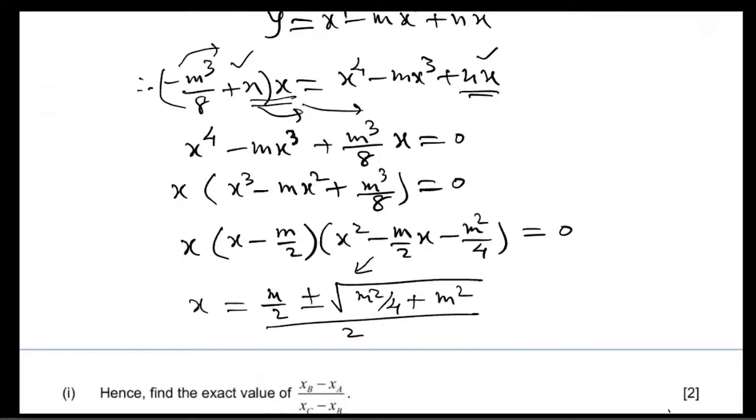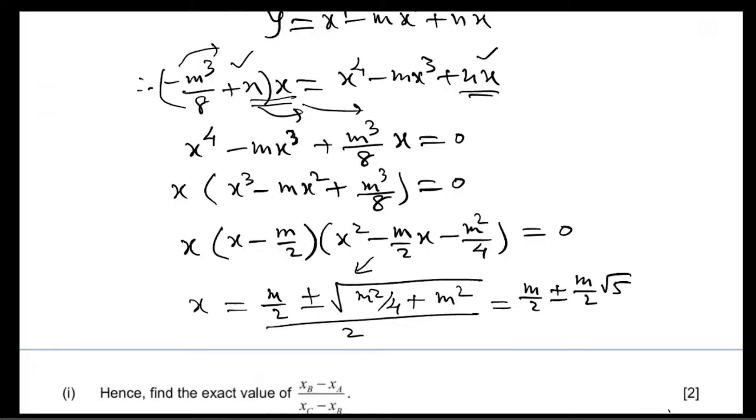So this will be m square. Now finally, when we simplify this, m square will become m, and 4 is LCM, so square root of 5, 4 and 1, 5. So this will be m by 2 plus minus m by 2 and square root of 5, right, over 2.